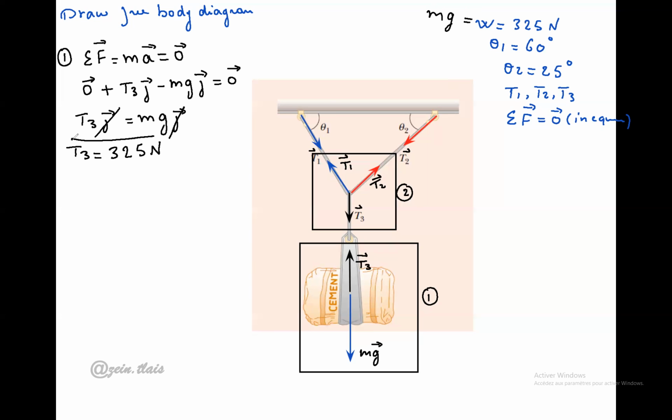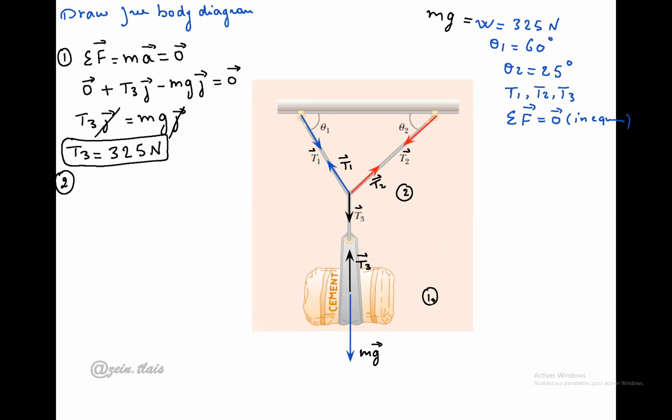We calculated the value of T3. Now we come to solve system 2, in order to calculate T1 and T2, since we have calculated the value of T3.